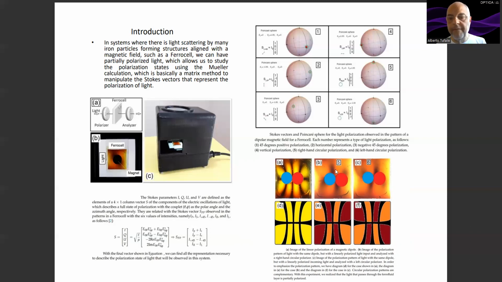So 5 and 6 are represented by these Stokes parameters here, and with the respective Poincare sphere.